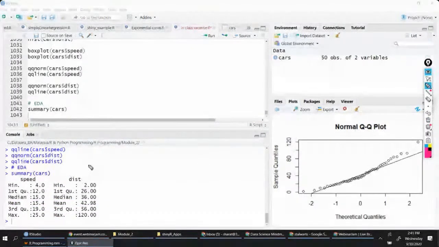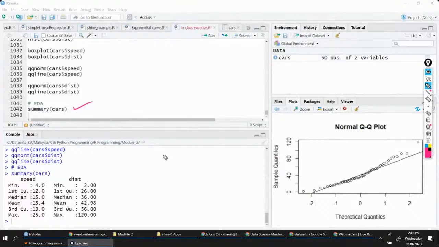Now, how do I quickly interpret whether there is an outlier in this data or not? Summary is a very widely used, in fact everyday command that we use. So we'll try to draw a box plot here for speed. Minimum is 4, maximum is 25, and median is 15, which I have to draw exactly.